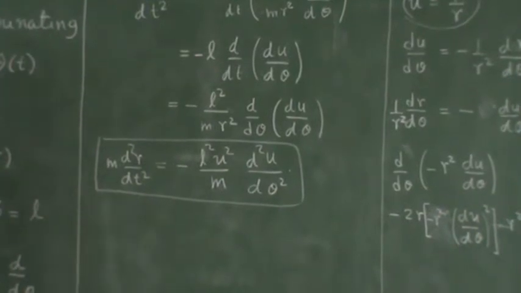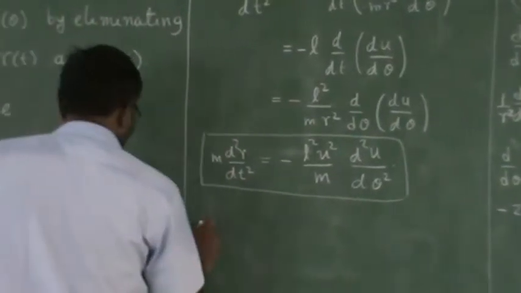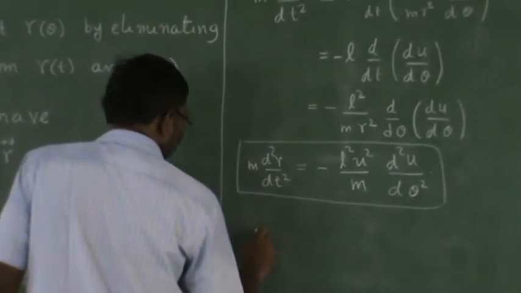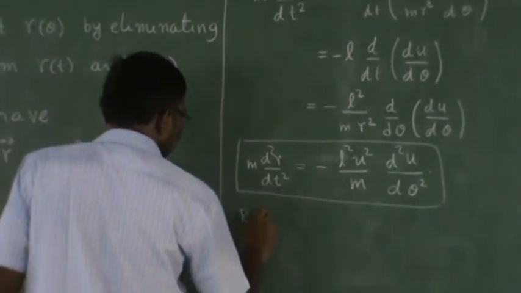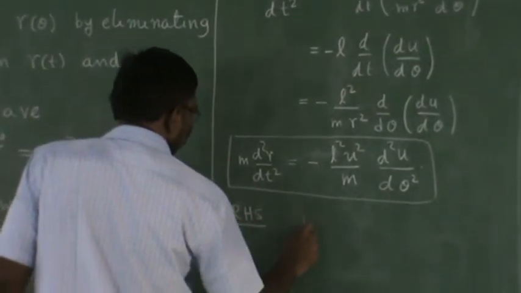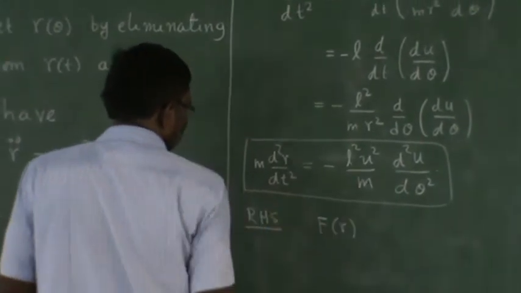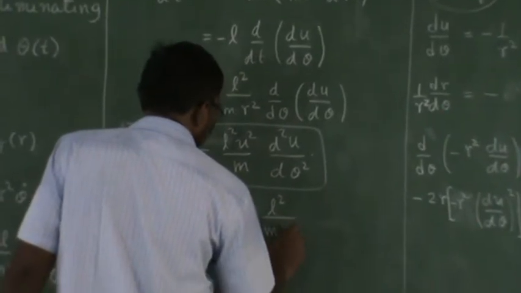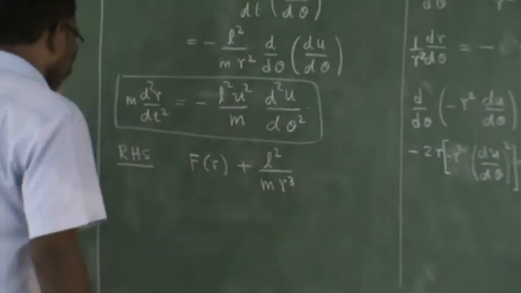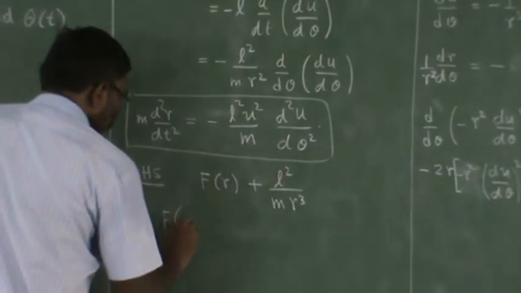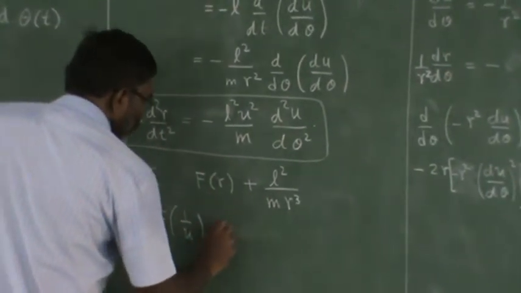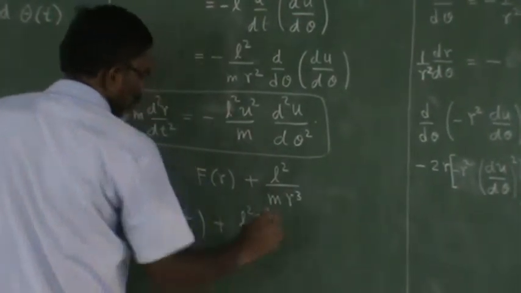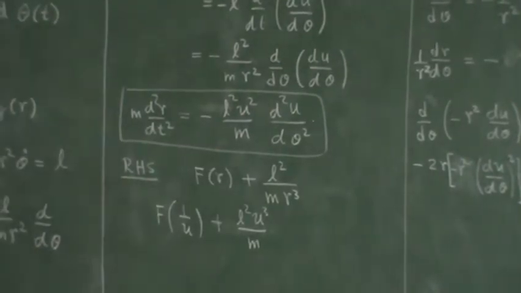On the right hand side we have f of r plus L square divided by m r cube, which I can write as f of 1 over u plus L square u cube divided by m.